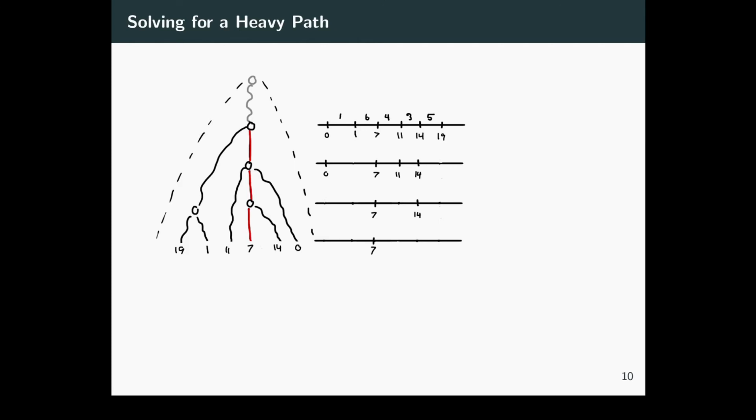The important property to observe here is that once a specific consecutive pair disappears, it never reappears again. So there is some interval on this heavy path where the specific pair exists, and outside that interval it doesn't exist anymore and it will never reappear.